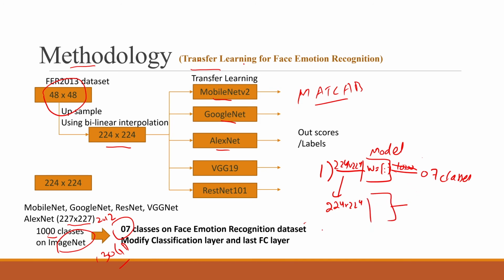Why? Not 1000 classes but only 7 classes. As we know, to get these 1000 classes, the last fully connected layer, as we have seen, should always have the number of neurons equal to the number of classes, right? So we will modify the last fully connected layer from 1000 to 7 classes. Okay, so this is our methodology for how we can do it.